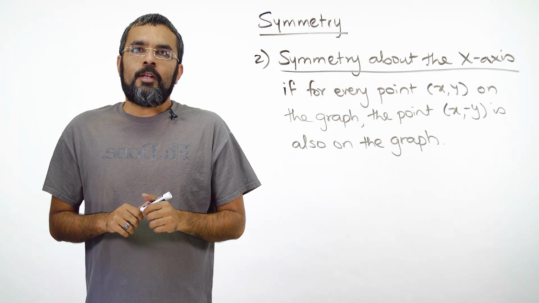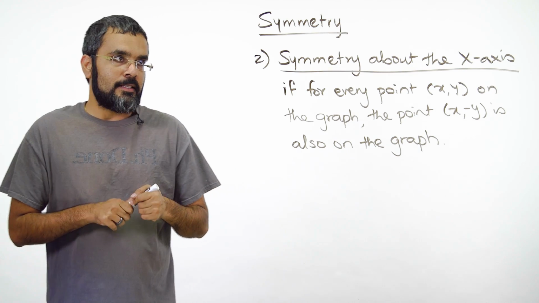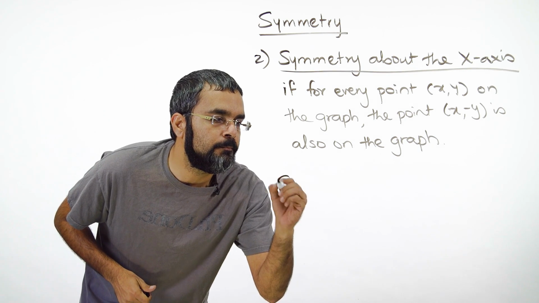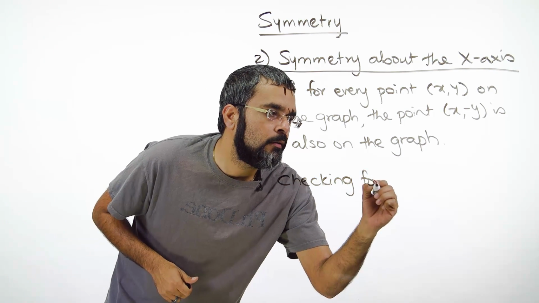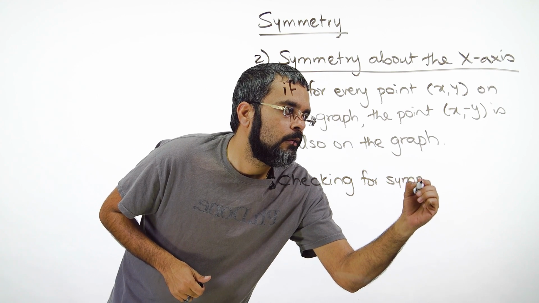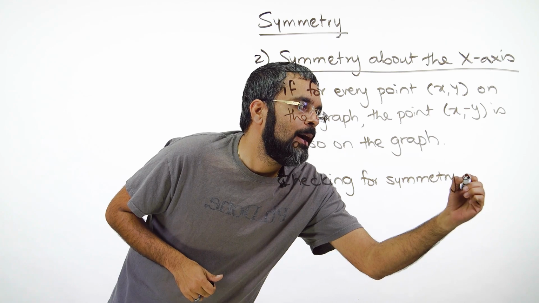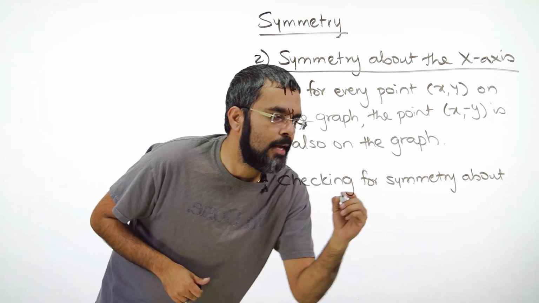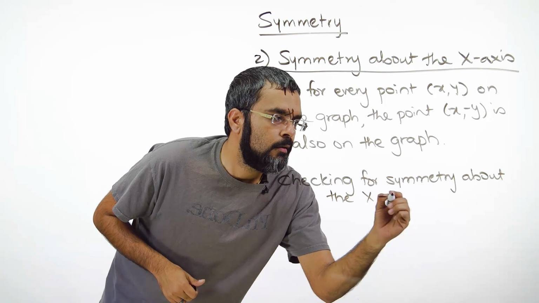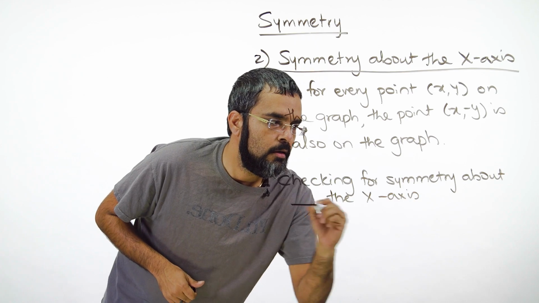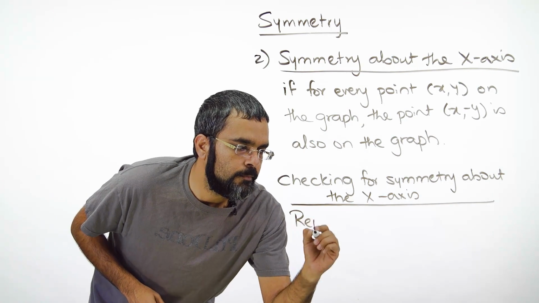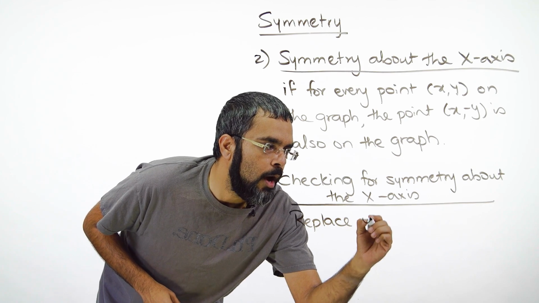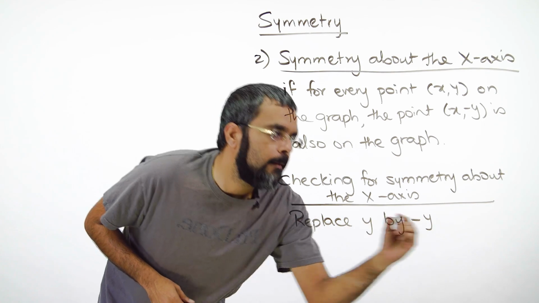So how do I check for symmetry about the x-axis? What we do here is we replace y by negative y.